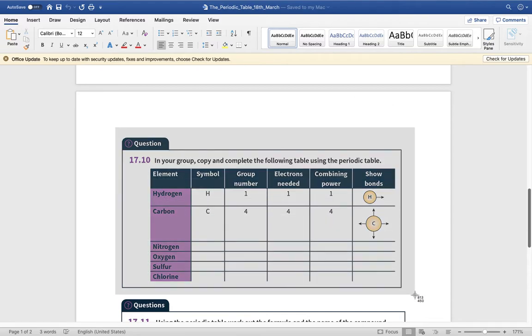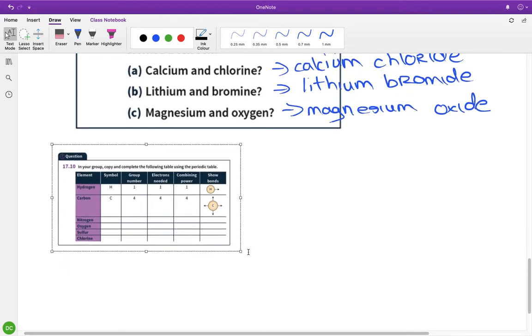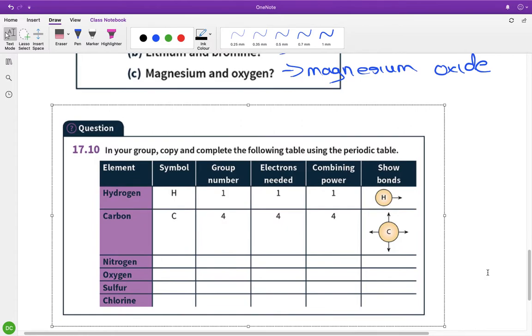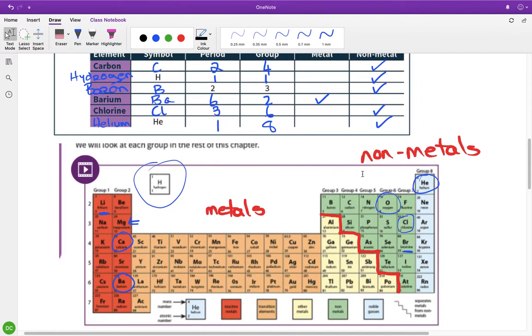Okay, so doing the combining power. Right, so nitrogen. I have to scroll back up here and find nitrogen. Nitrogen is here in group 5.